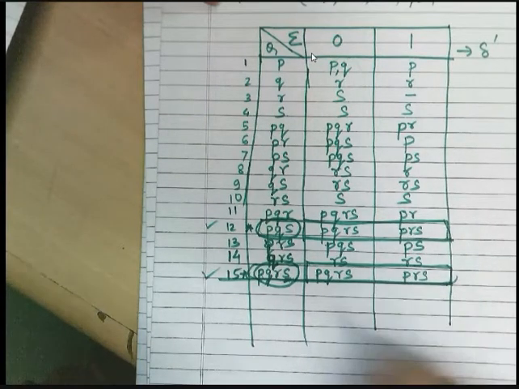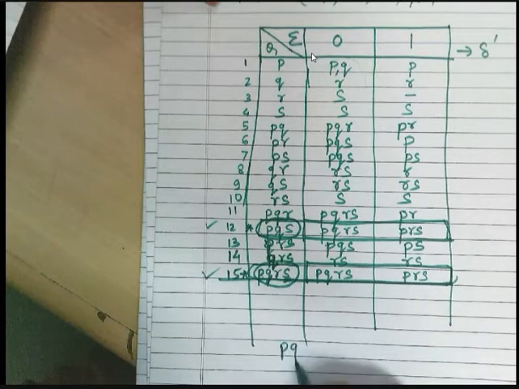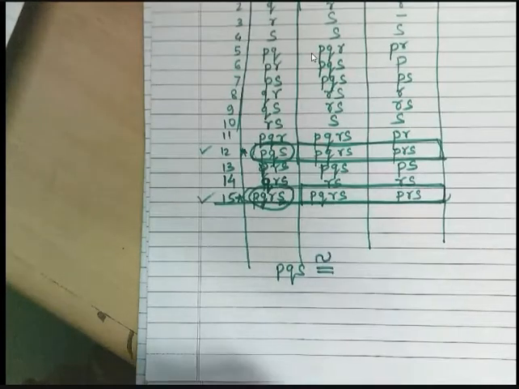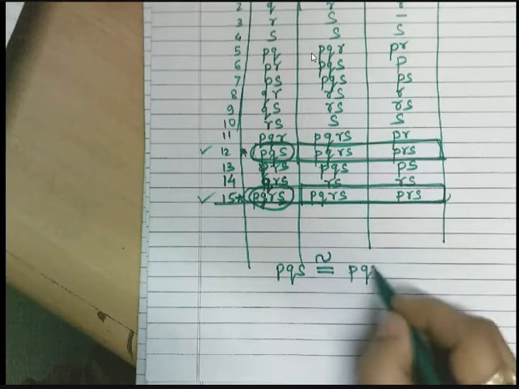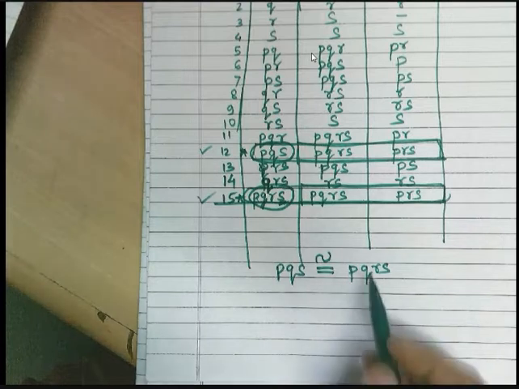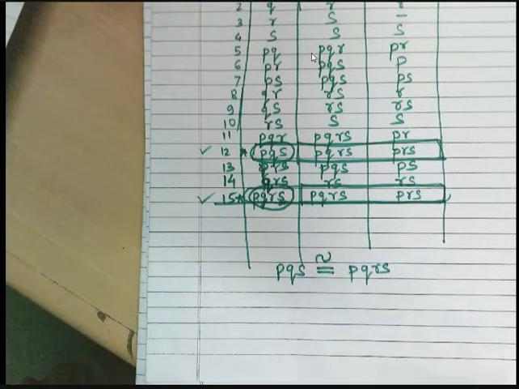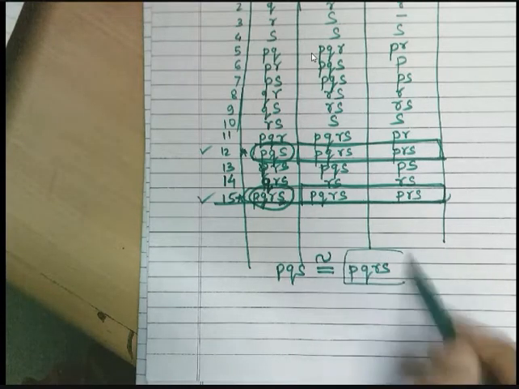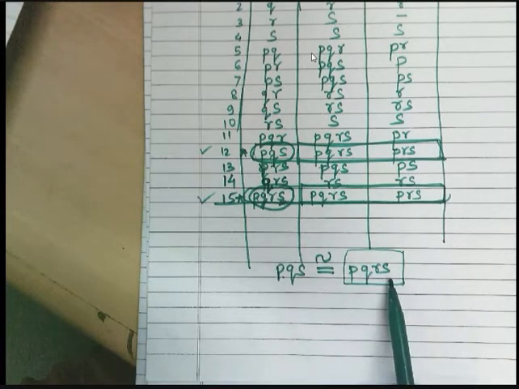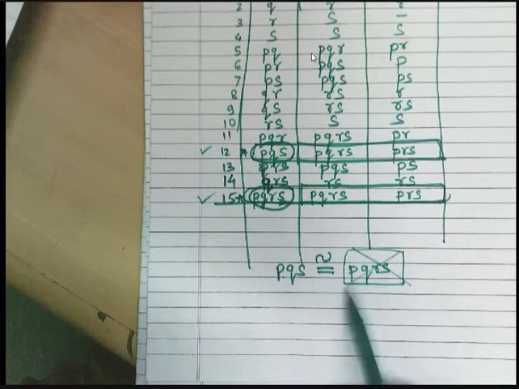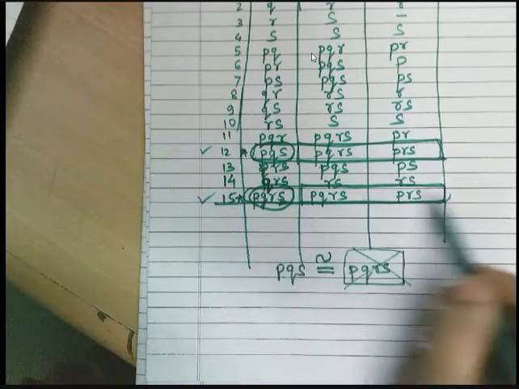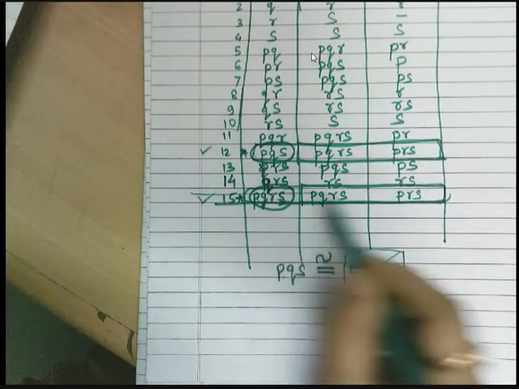we can say that PQS is equivalent to PQRS. And we will remove the equivalent states. Since these are equivalent, there is no need of such a state. So we will remove this particular row from the DFA.